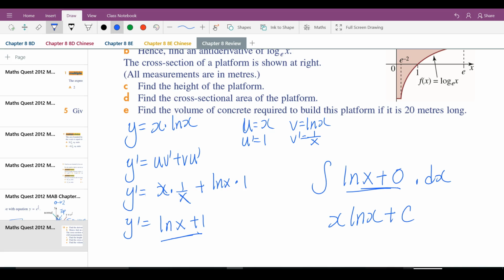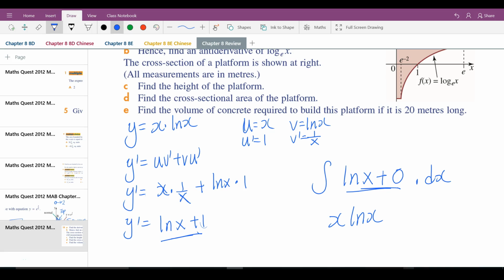You always have the c there, and plus, well, this is 1. This one becomes an x. I think the idea is just it's equal to ln x.